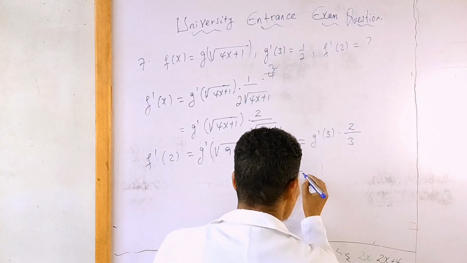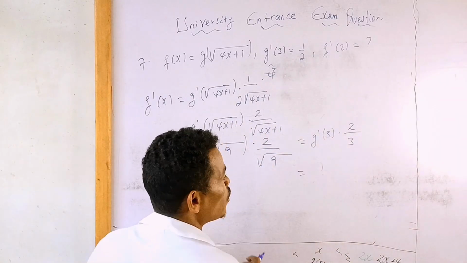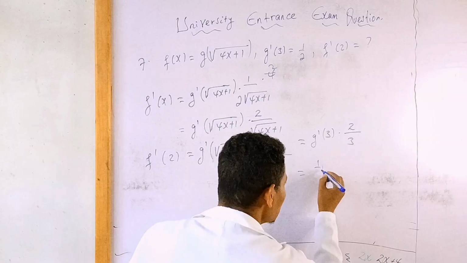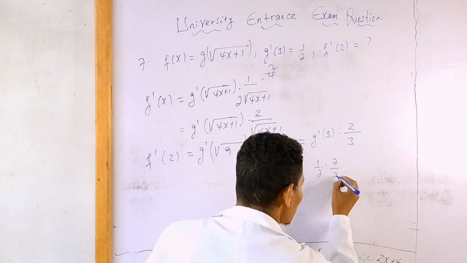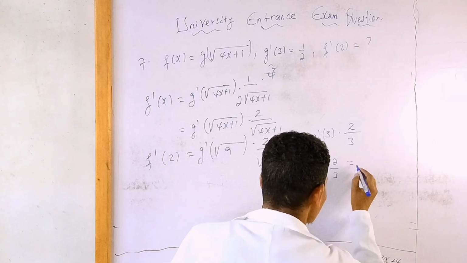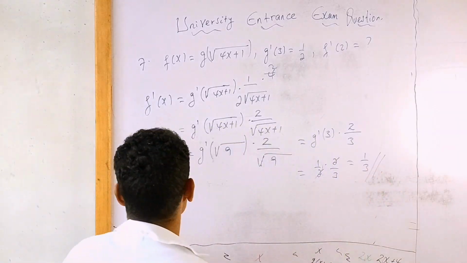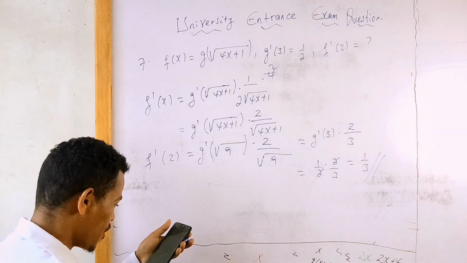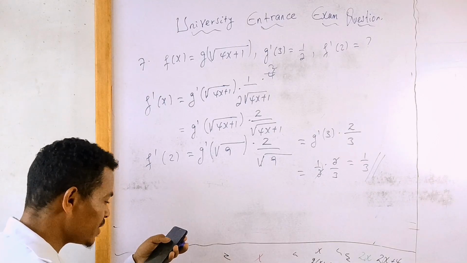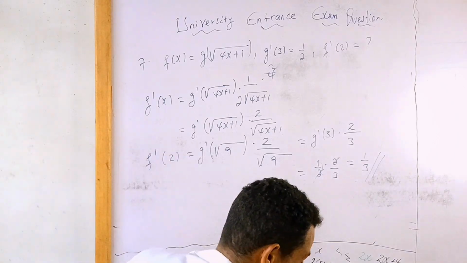And it's given that g derivative at 3 is 1 over 2, so 1 over 2 times 2 over 3. The 2 cancels with 2, and the answer is 1 over 3. So question number 7 is 1 over 3, which is B.